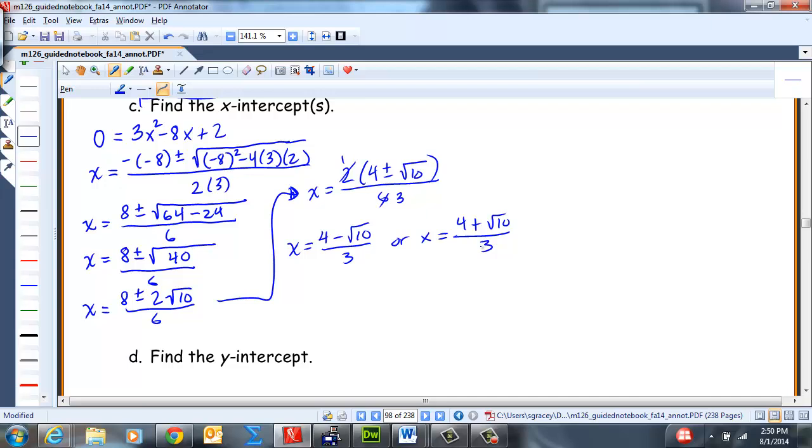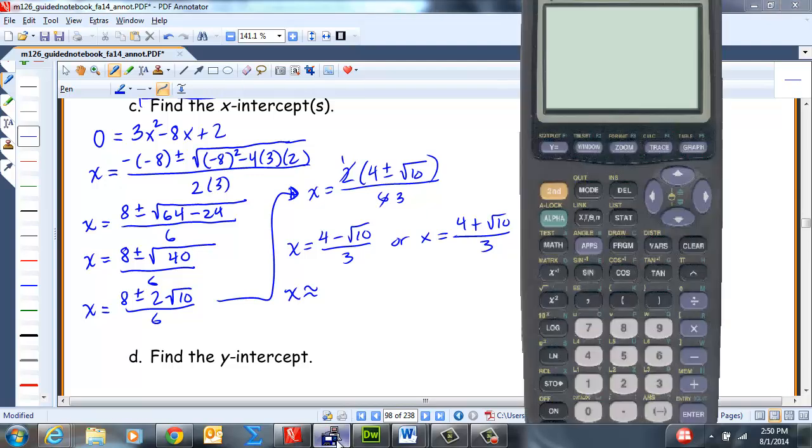So again, we're graphing, so we're going to want to get approximations. Be careful when you're approximating. If you do this all at once, you need to put parentheses around the numerator. So this is what I mean. You need to do parenthesis 4 minus square root of 10.